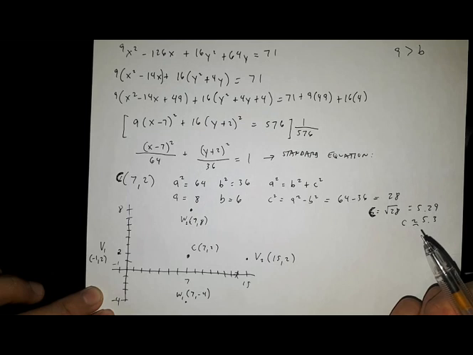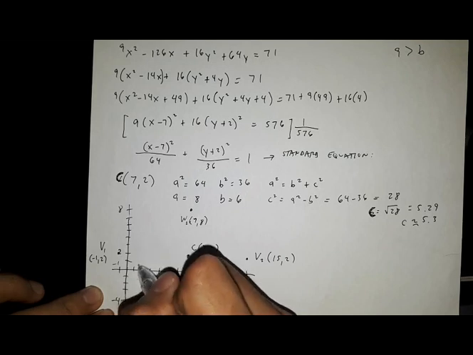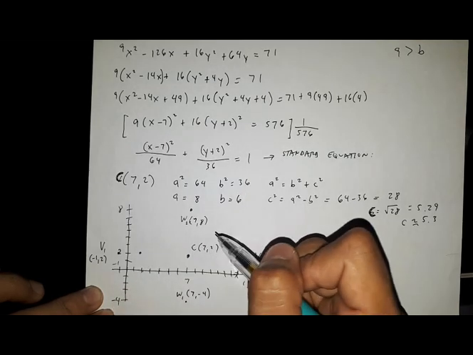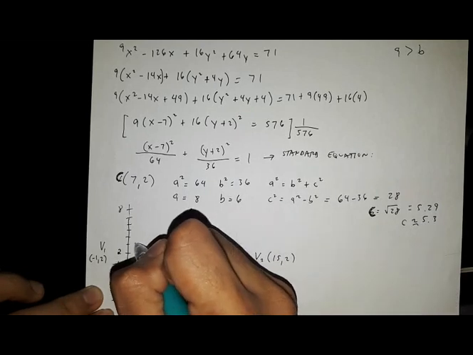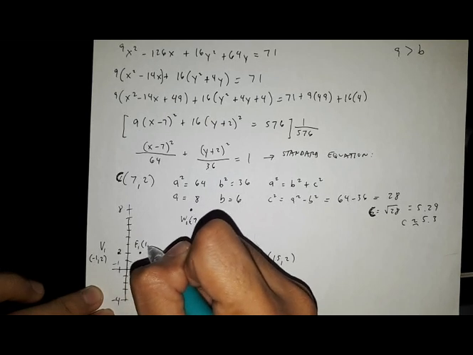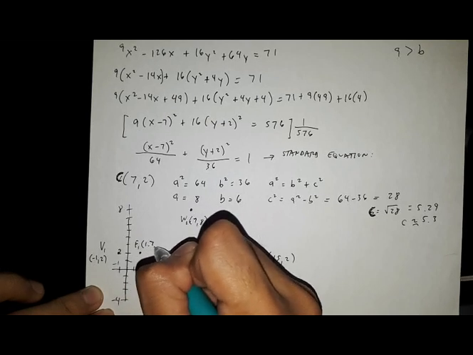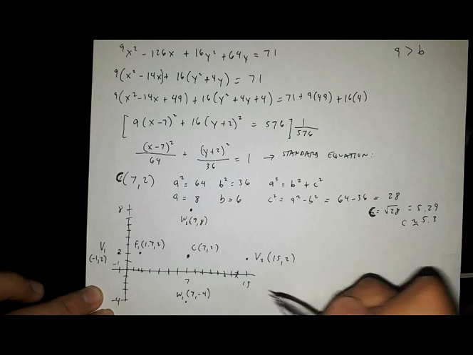And your foci F1 and F2, let's count 5.3 to the left. 1, 2, 3, 4, 5.3. So you have here F1 1.72 and your F2 1, 2, 3, 4, 5, so this is 8, 9, 10, 11, 12.3.